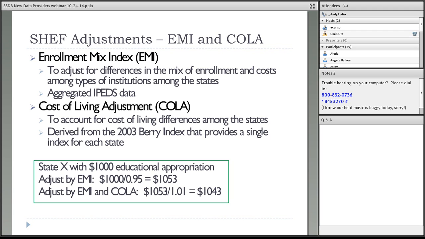So we make a similar adjustment for that, and that is from a professor named Michael Berry, who did this study in 2003, and we haven't found a better, more up-to-date one, but that's an area that I'm beginning to investigate. If you have ideas, please let me know.